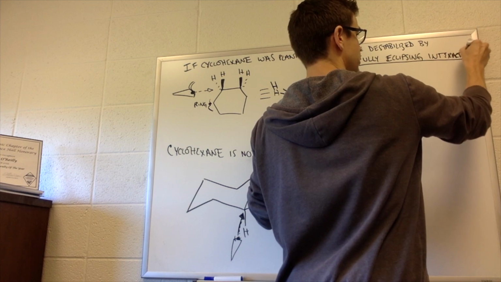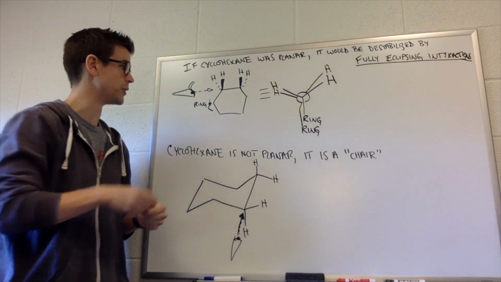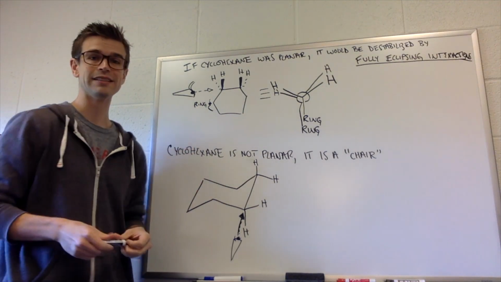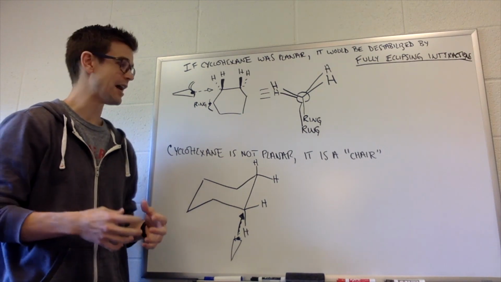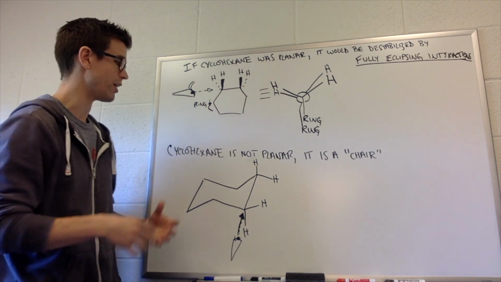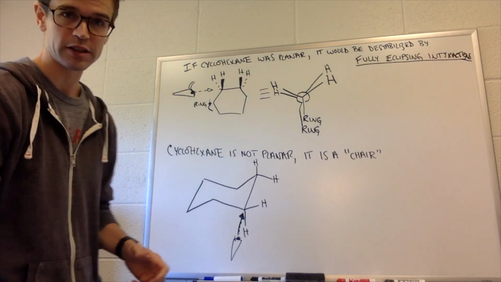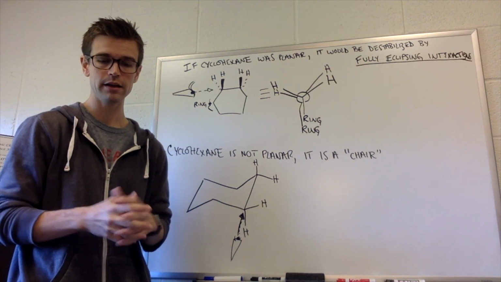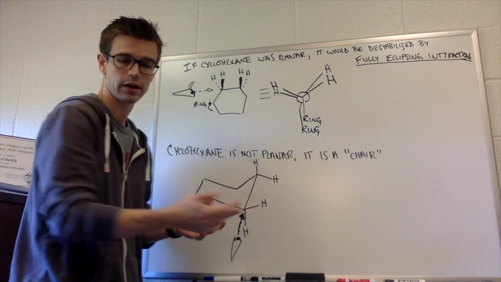So we can use those same Newman projections that we used for acyclic structures to explain why cyclohexane doesn't take on this planar state, but instead takes on something that we call a chair structure. And on that first page of the online note packet, it says cyclohexane is not planar, it is a chair, just like I wrote here.